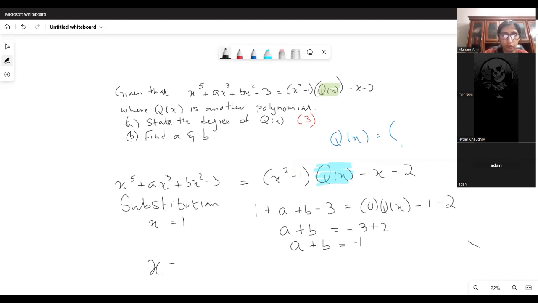So when x equals minus 1, we have minus 1 minus a plus b minus 3 equals 0 times qx and then plus 1 minus 2.